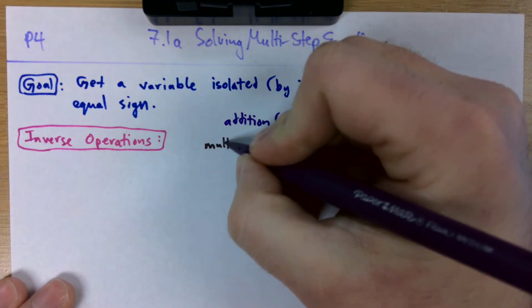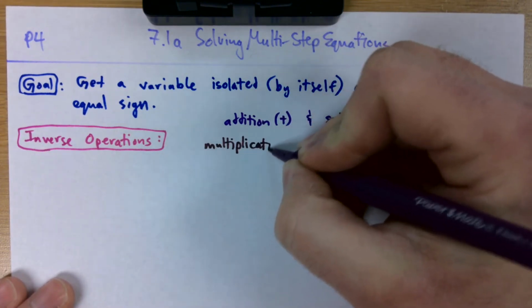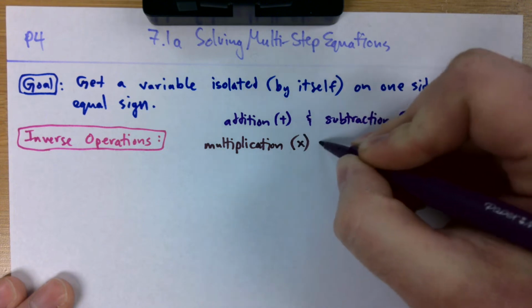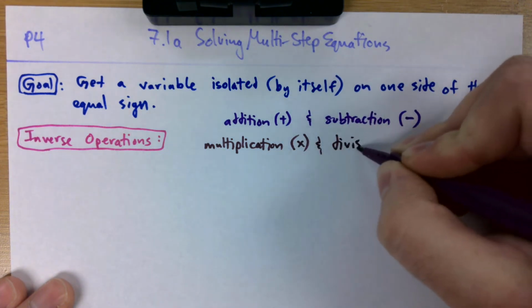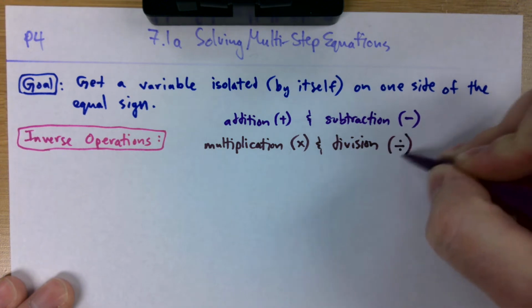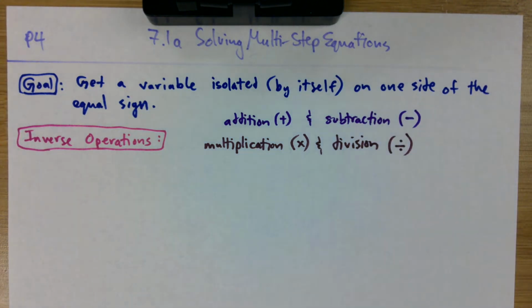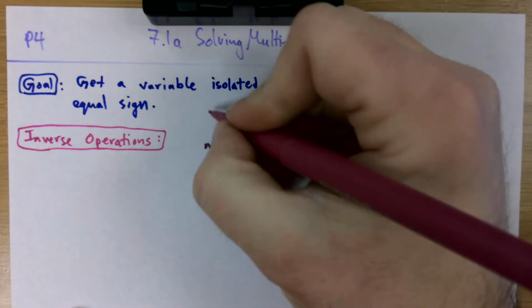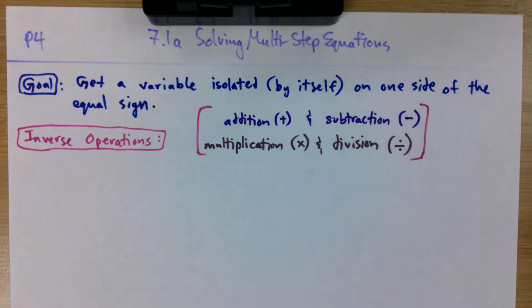And then we also have multiplication and division. So those are our inverse operations.